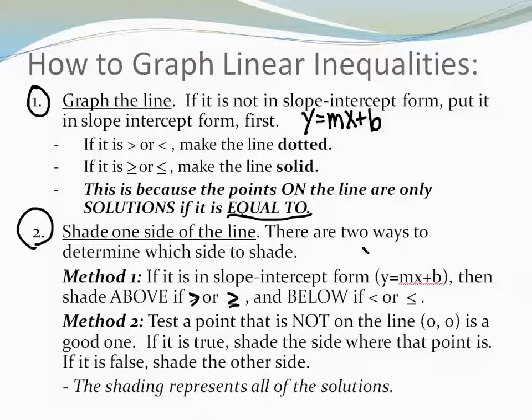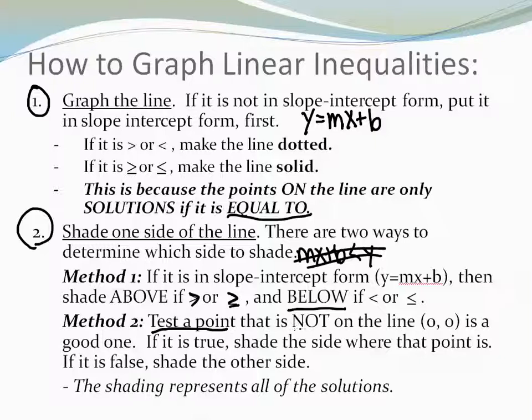Now, the y has to be on the left. It can't be mx plus b and then the y. It can't work that way. And then you shade below if it's less than or equal to. That's method 1.